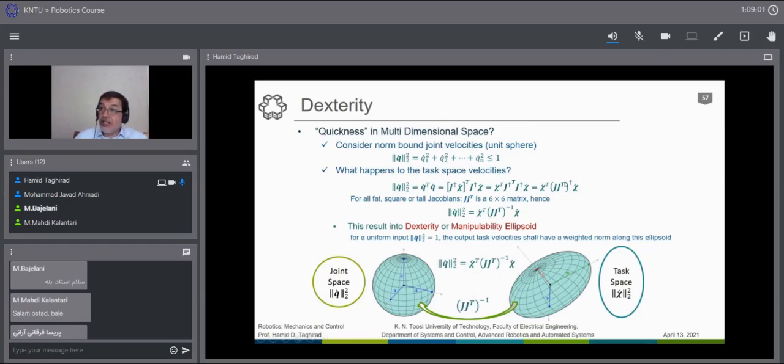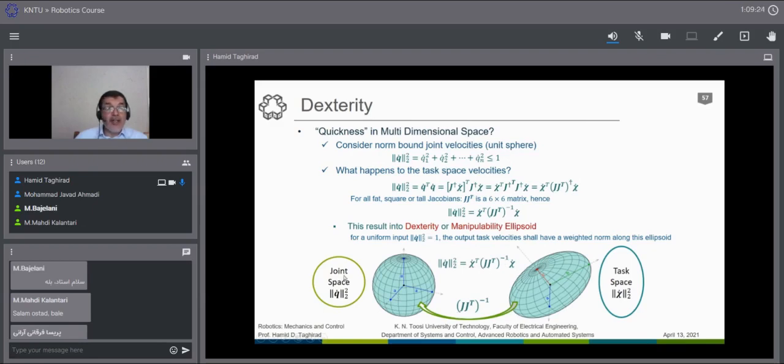So again, consider the inverse problem. If you consider this inverse problem, that the q dot is given and x dot is like that, the relation between x dot and q dot, the two norm of it, is JJ transpose inverse.